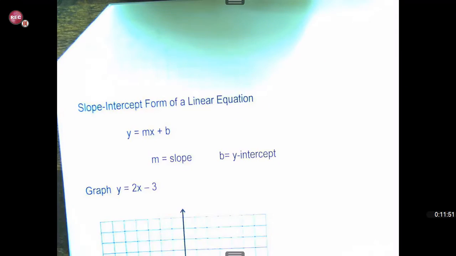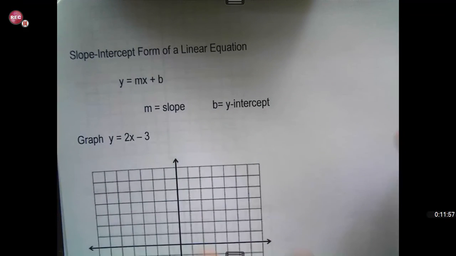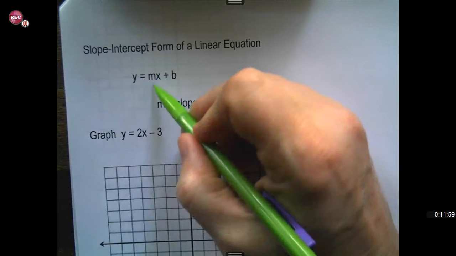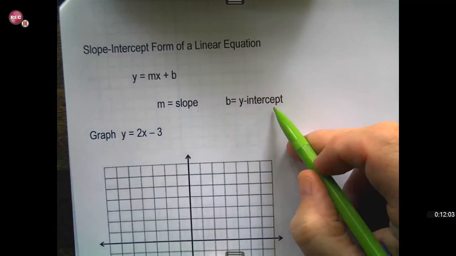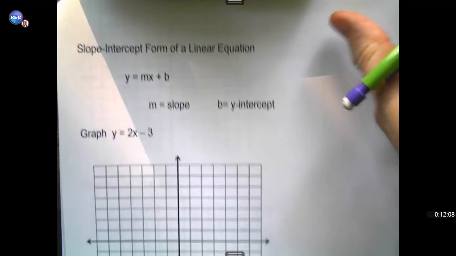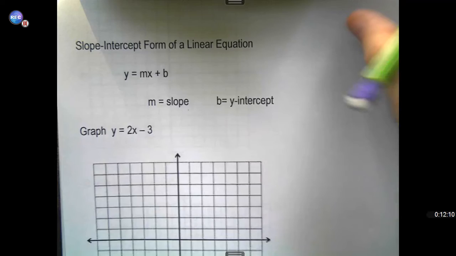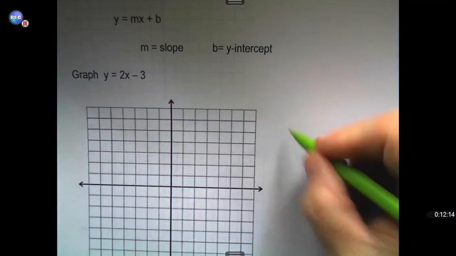As I said, slope-intercept form of a line is y equals mx plus b. M is the slope of the line. B is the y-intercept. So to graph this line, I start with the y-intercept.